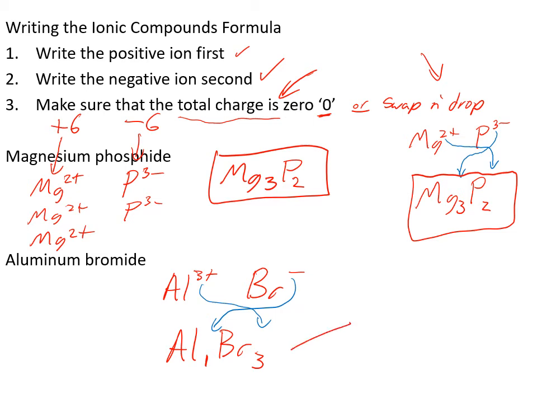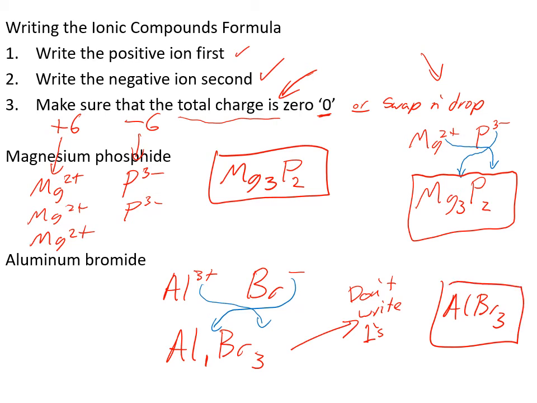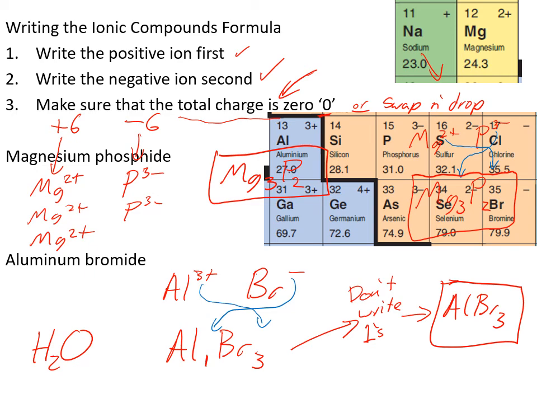Now, we don't write the number 1, so it just becomes AlBr3. We never write number 1s in this kind of thing. Think of a very famous compound like H2O, or water: we don't write H2O1, we just write H2O. So it just becomes AlBr3. Oh, here's the periodic table right there. Kind of forgot about it.